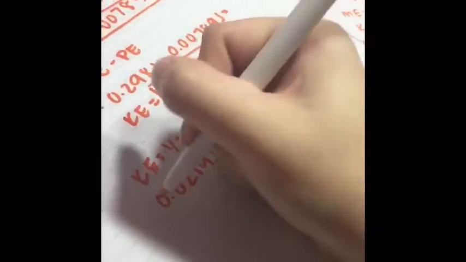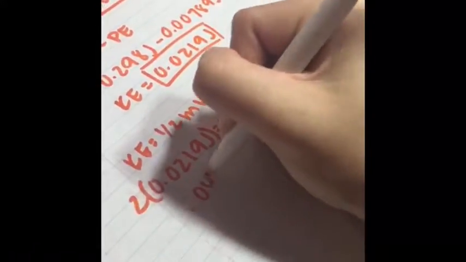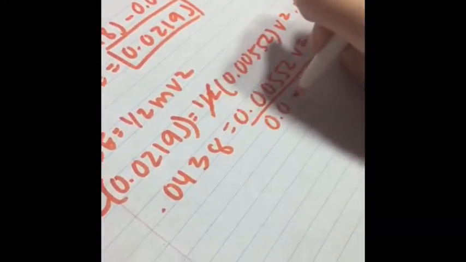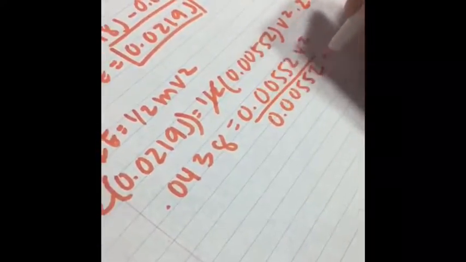I'll be multiplying 2 by both sides to get rid of the fraction, and that would equal 0.438, which equals to 0.00552 velocity squared, and then dividing the mass on both sides.